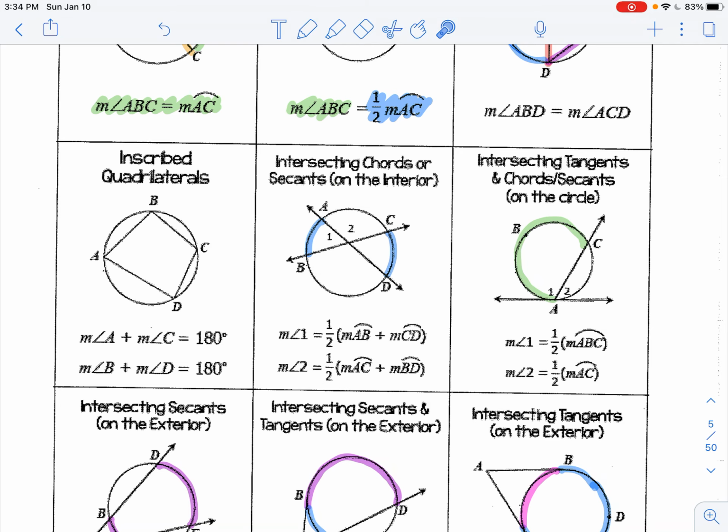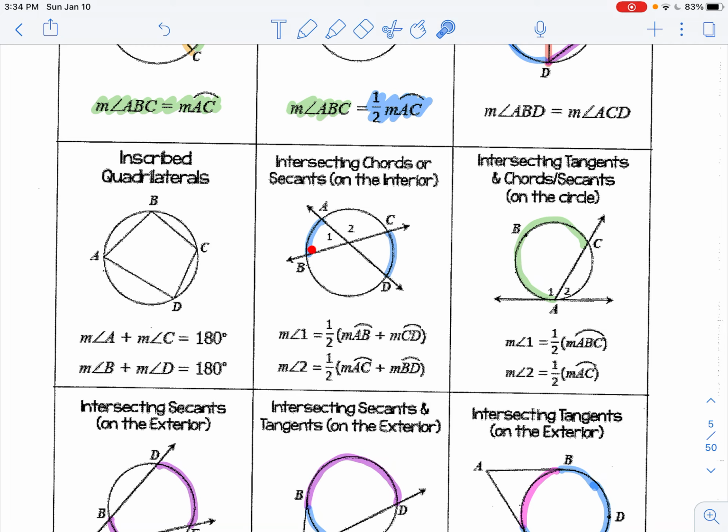Intersecting chords or secants on the interior. If we intersect inside the circle, a chord is a segment that has its endpoints on the circle, and a secant goes through the circle. The measure of angle 1, which is this angle right here, is half the sum of the measure of the arcs.